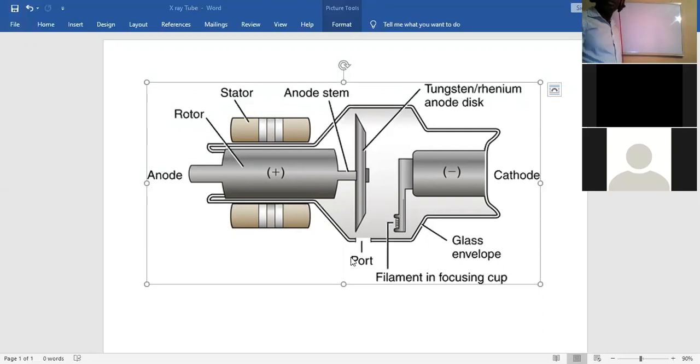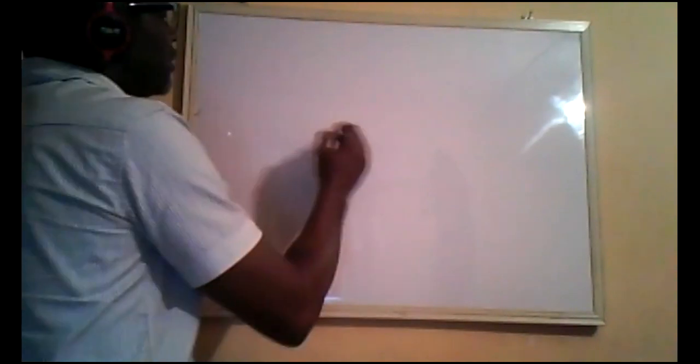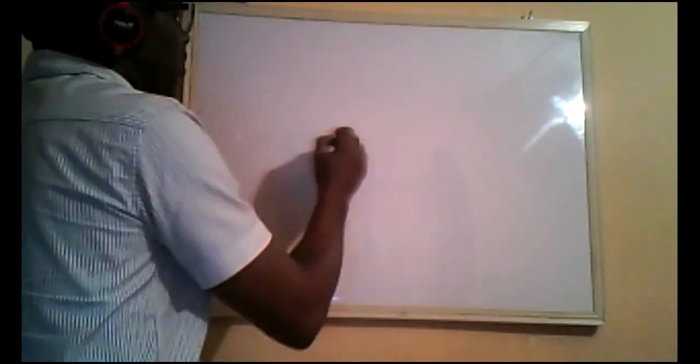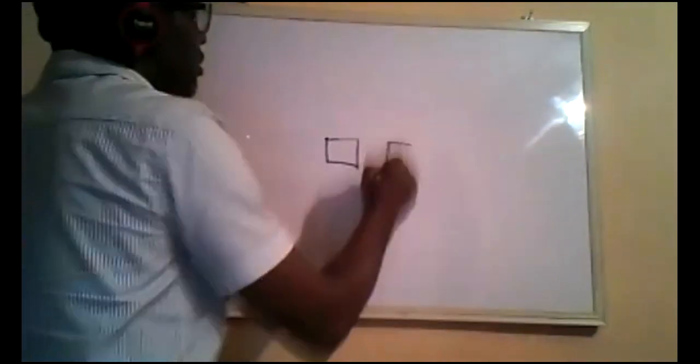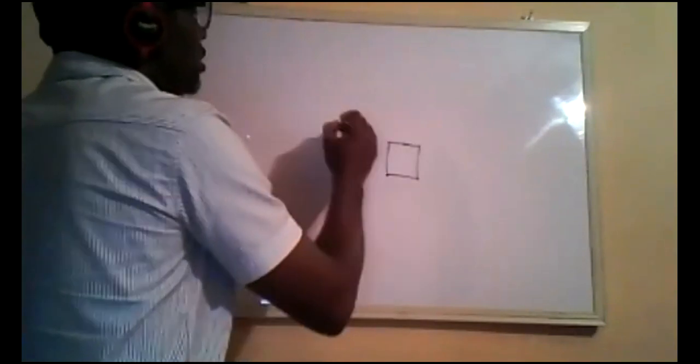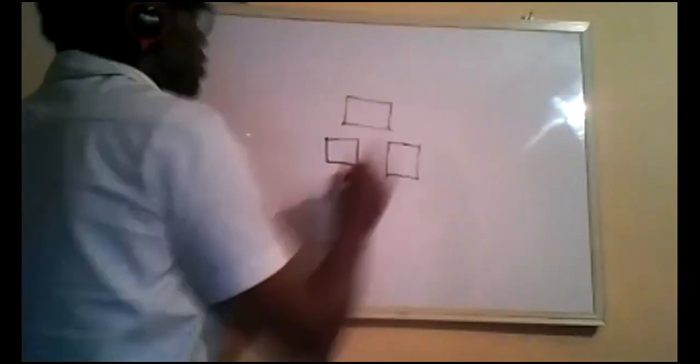So this port has collimators, X and Y, in parallel. They have two this way and two this other way. They define the field size. We have lead this way, and another one this way.